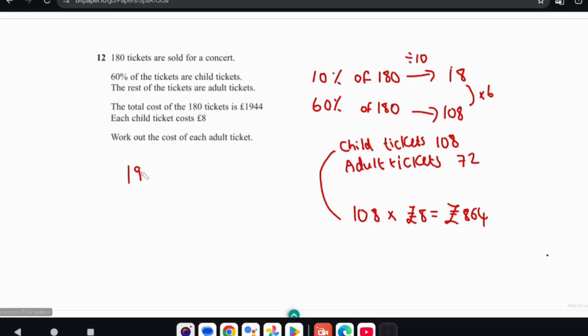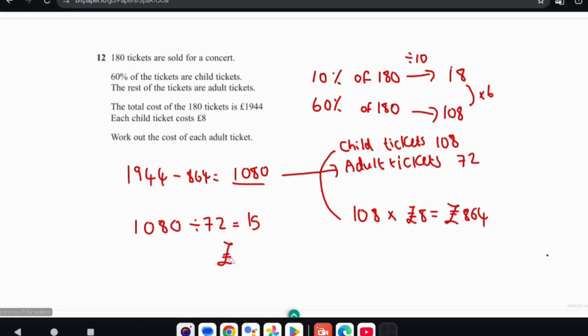Let's take that off the 1,944. £1,080. That's the total cost of all the adult tickets. So let's divide that by 72 to work out the cost per ticket. 15.